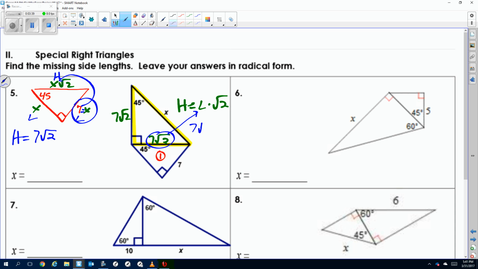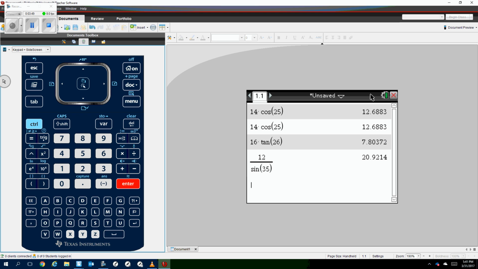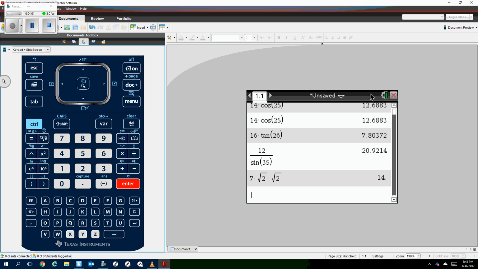So 7 root 2 times root 2. Now, I always check: if you get a decimal answer, then that means you have to simplify the radical. But if you put the 7 square root of 2, tab over so you get that times outside of the radical, not underneath, square root of 2, hit enter. It's a whole number. It's 14. Okay, so that takes care of number 5 for us.